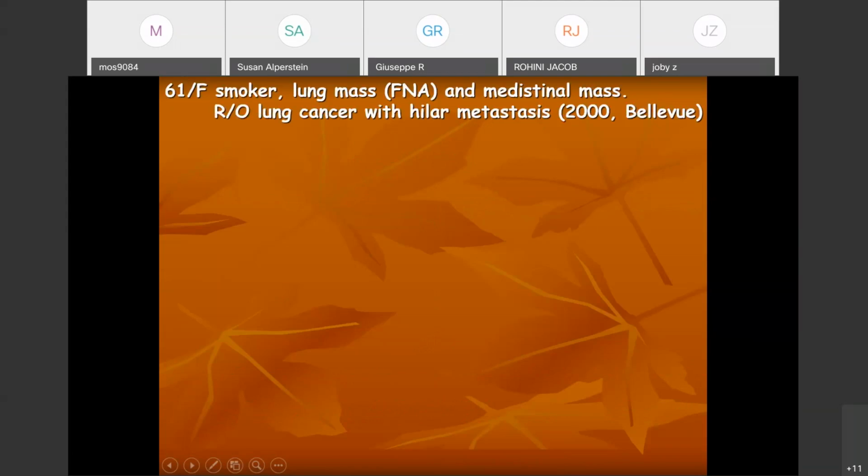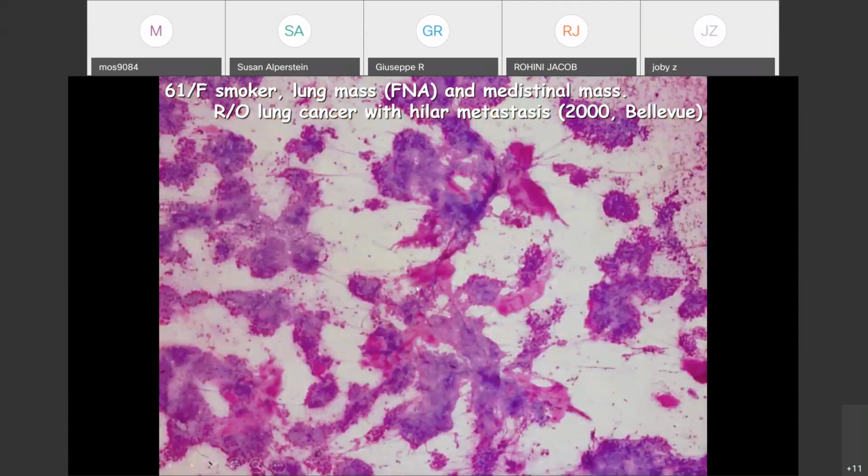And then later at Bellevue Hospital, I saw a similar case. A woman smoker with a lung mass and mediastinal mass. The clinical impression was lung cancer. And then I saw the same substance, hyaline globules.